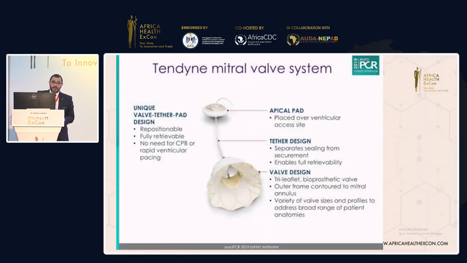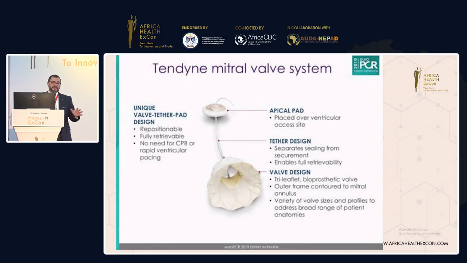Another problem was severe mitral regurgitation in a patient with heart failure that is not eligible for surgery. Now, the transcatheter mitral valve replacement is here to try to solve some of this problem.